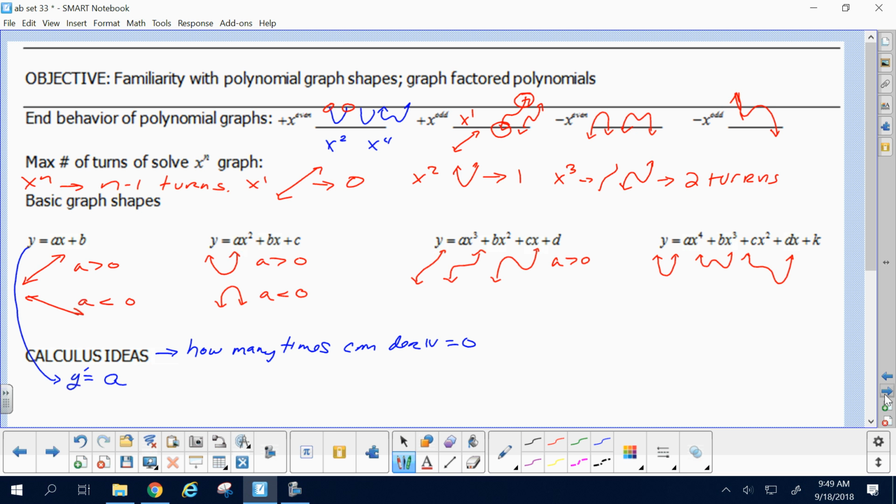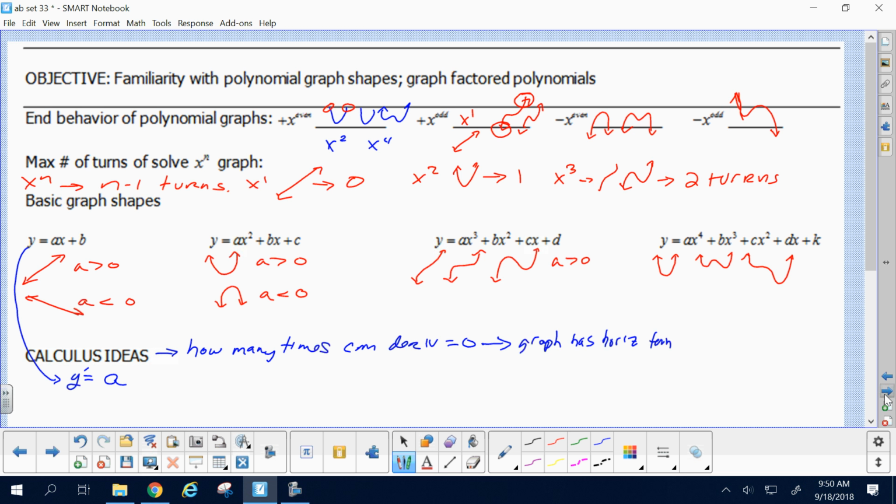The reason I want to know where the derivative is 0 is that's where the graph has a horizontal tangent. Remember, the derivative is the tangent slope. If the derivative is 0, then that tangent slope is 0, and that means a flat spot. Now, flat spots are huge for calculus, and we'll talk about that on the back side.